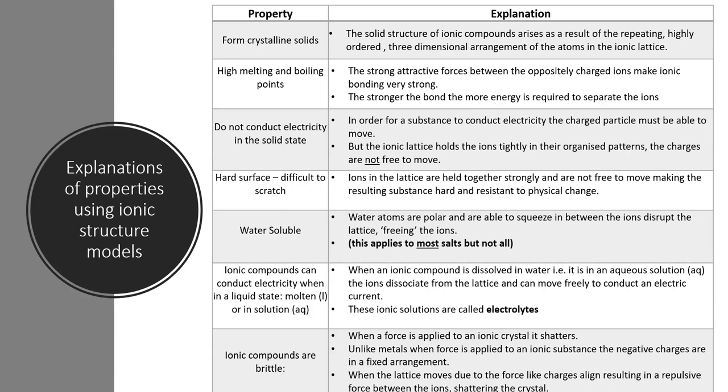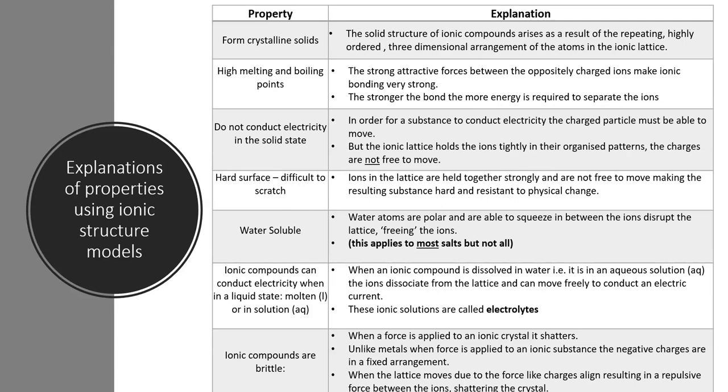They are water soluble, and this is because they are polar, which means water is able to get between the ions. So imagine you've got a sodium and a chlorine. Water gets between them and splits them apart to a certain extent. It applies to most salts, but not all of them. Now, a salt is a metal and a non-metal bonded, your ionic compound. So if you hear the word salt, it doesn't just mean table salt.